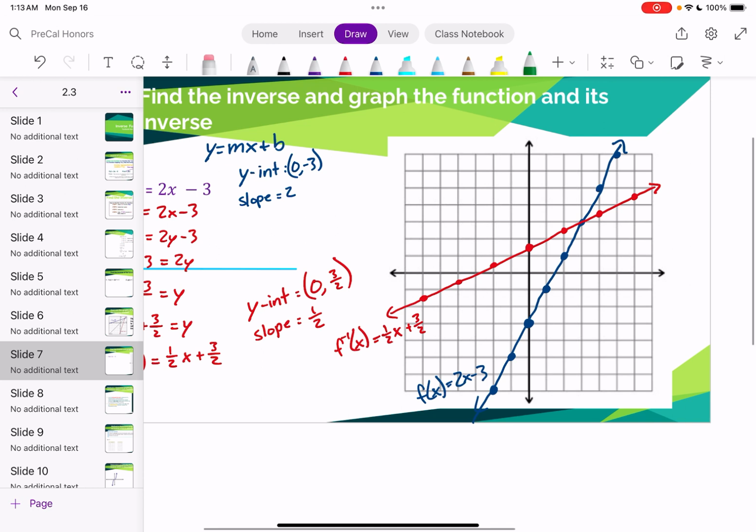That would be this line right through here. As you can see, once you see that y is equal to x line, it is a reflection of each other.